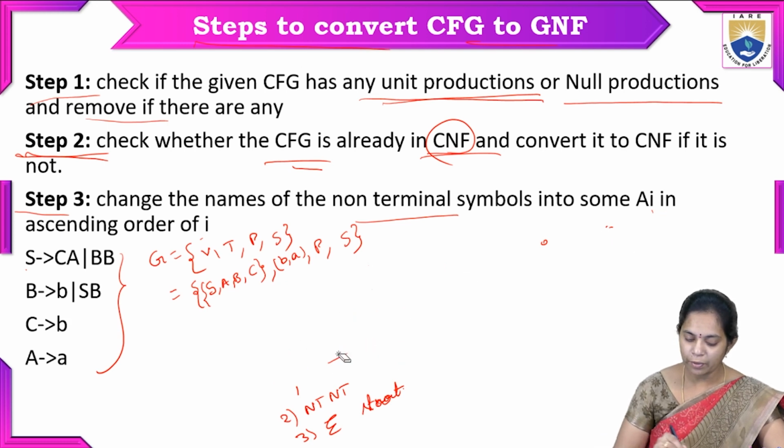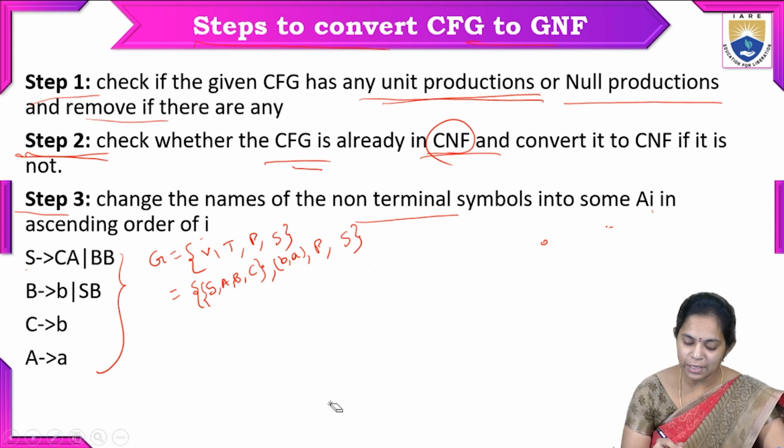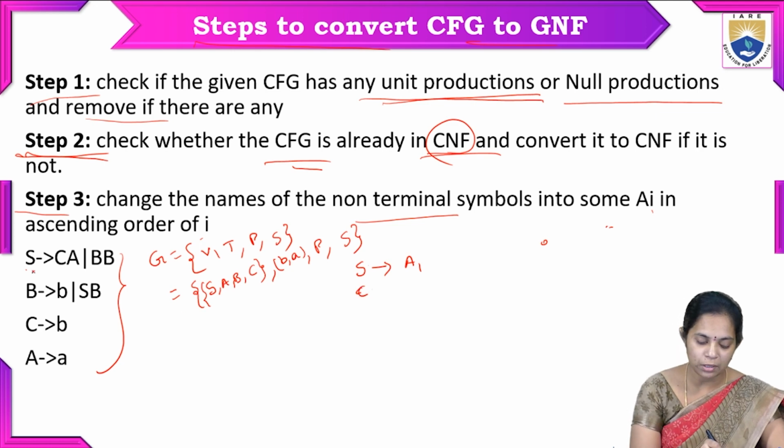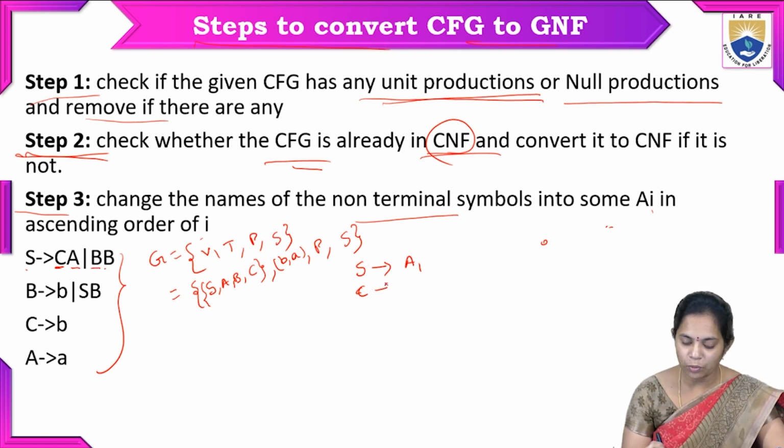And here we have to assign names to these non-terminals in ascending order. So if I assign S to A1, and C, and after that a non-terminal, and after that B, like that we have to assign names to these non-terminal symbols.